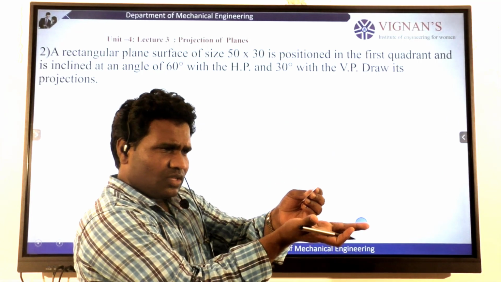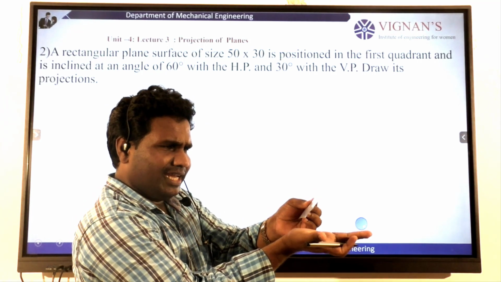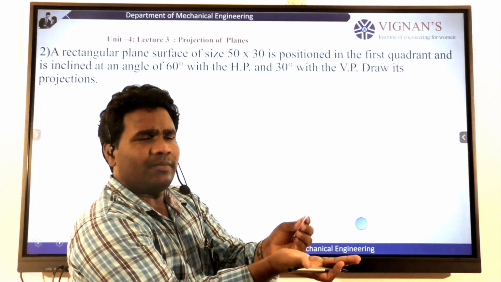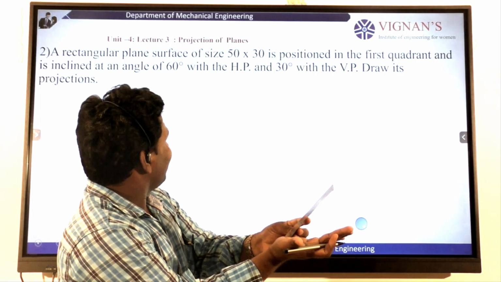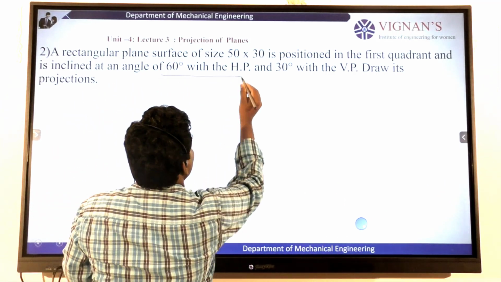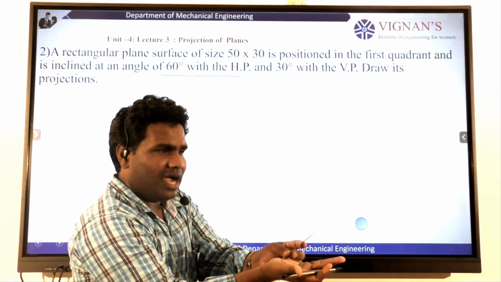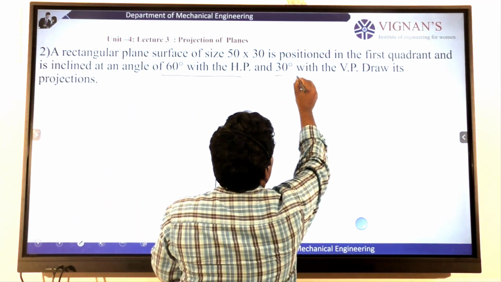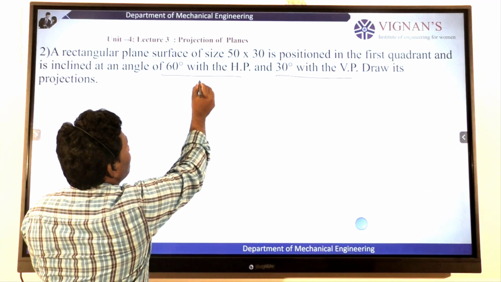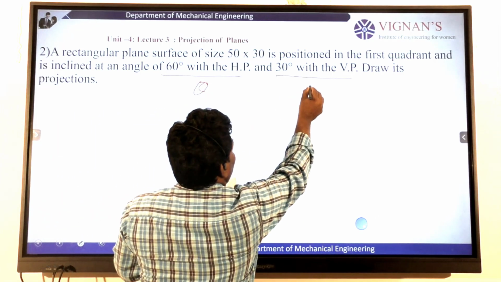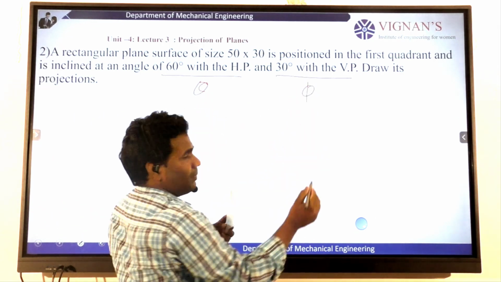We will place this rectangle resting on its shorter side on HP, making 60 degrees with HP. The second inclination is 30 degrees with the VP. 60 degrees to the HP we represent as theta and 30 degrees as phi.